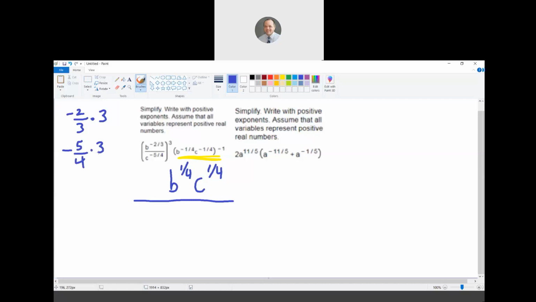All right, so for the b as in boy, the 3's cancel, leaving us with b to the negative 2 power. And in the denominator, nothing cancels. We just multiply straight across. And that gives us c to the negative 15/4 power.